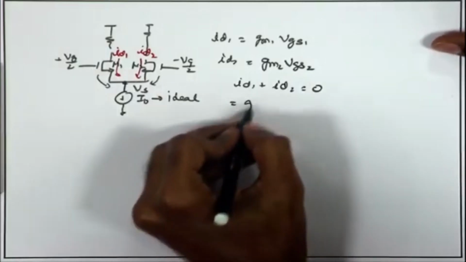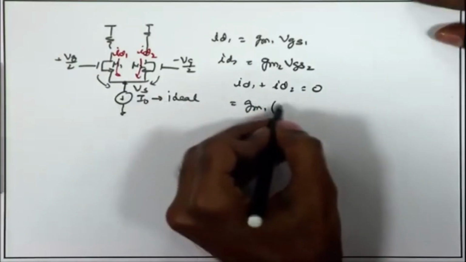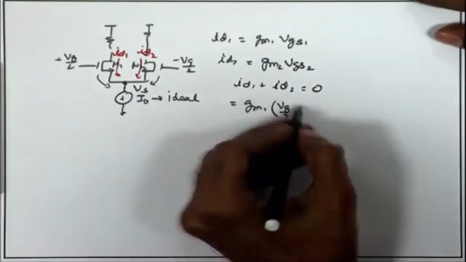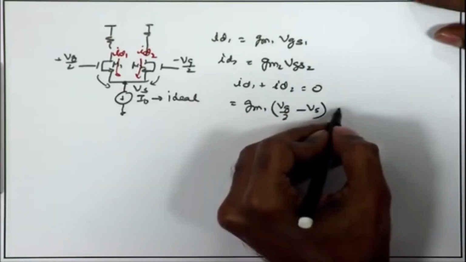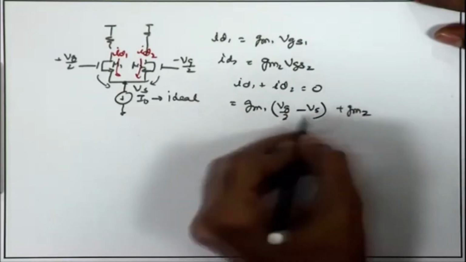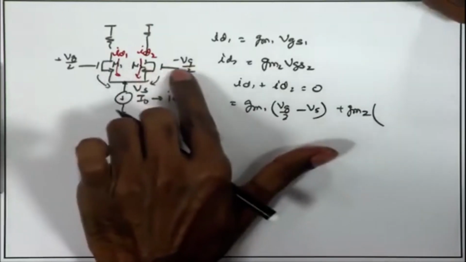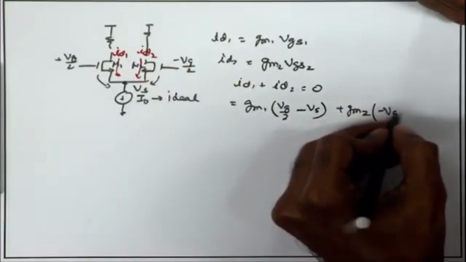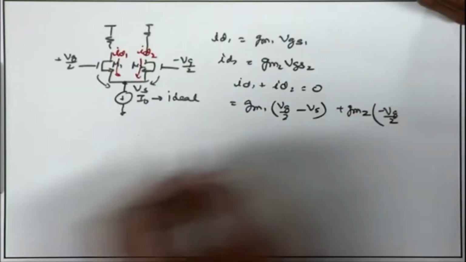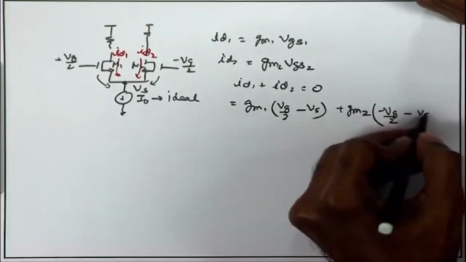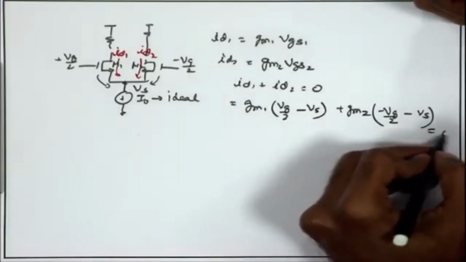Therefore, I can write GM1 times (Vg by 2 minus Vs) plus GM2 times (minus Vg by 2 minus Vs), and that should be equal to 0.